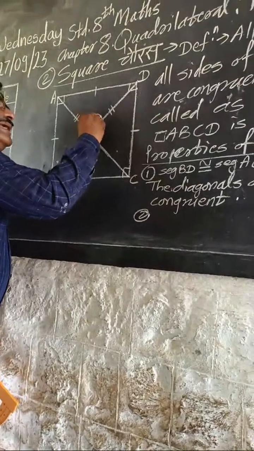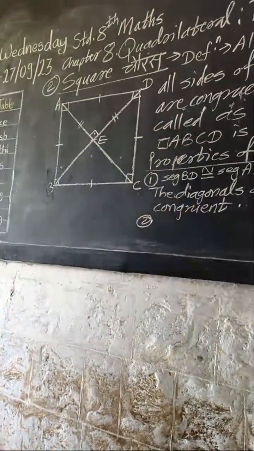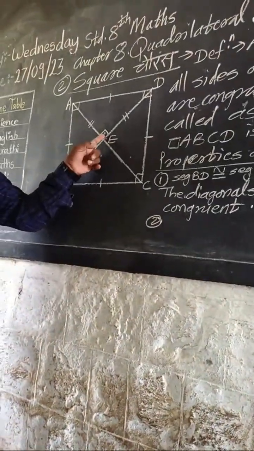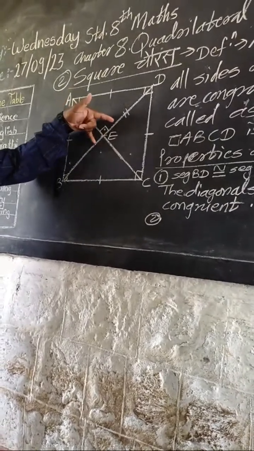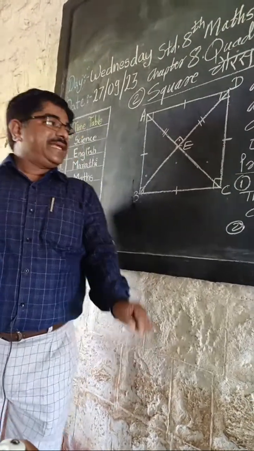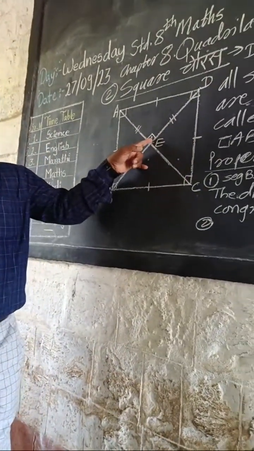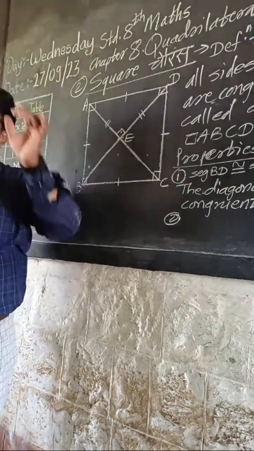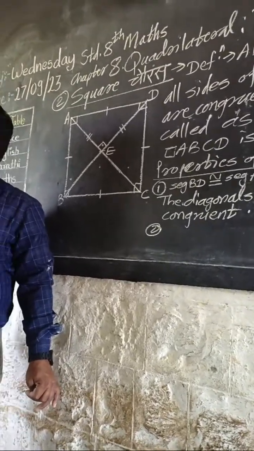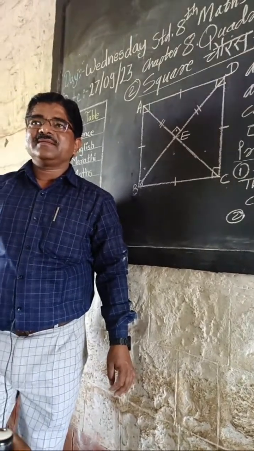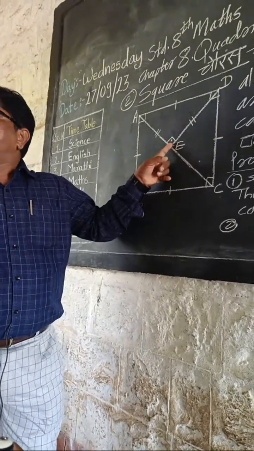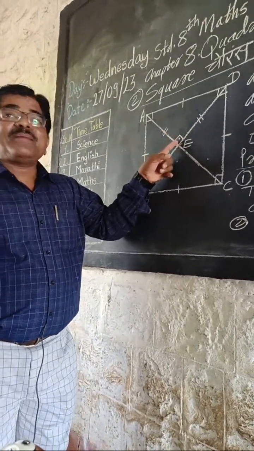Here 90 degrees, so what conclusion do we write? The measurement is 90, so two segments making a 90 degree angle, we can say they are perpendicular.